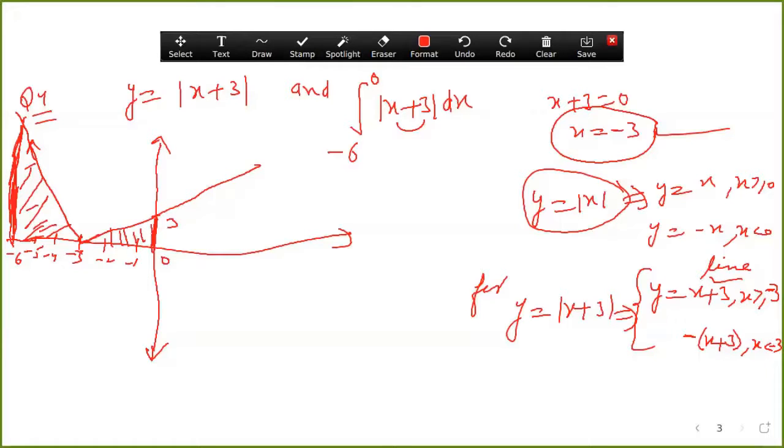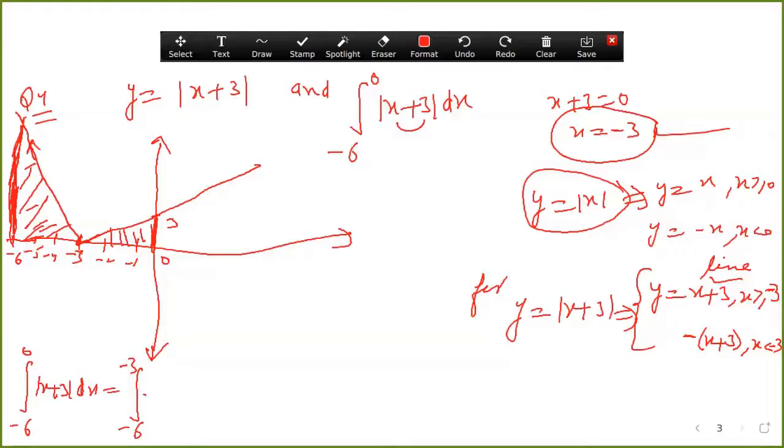Now what is the required area? It means the integration from minus 6 to 0 of mod of x plus 3 dx will be equal to, split it, minus 6 to first minus 3. This is the turning point, minus 3, up to this. The graph will be of what?